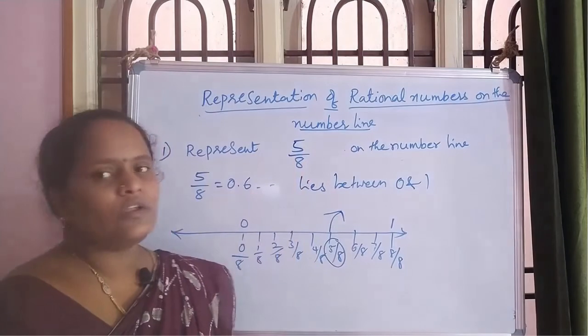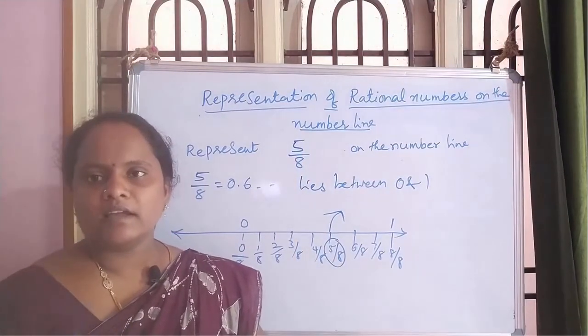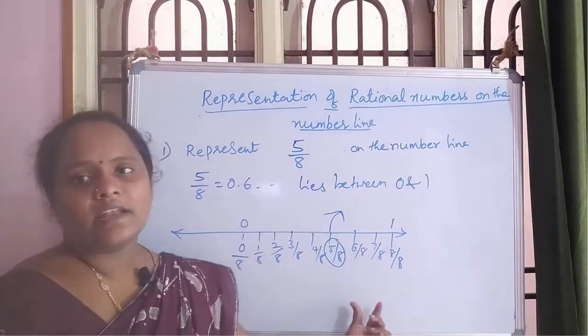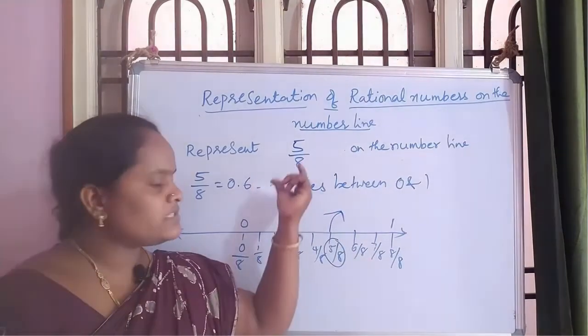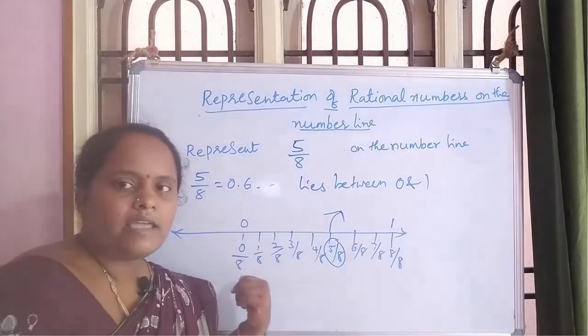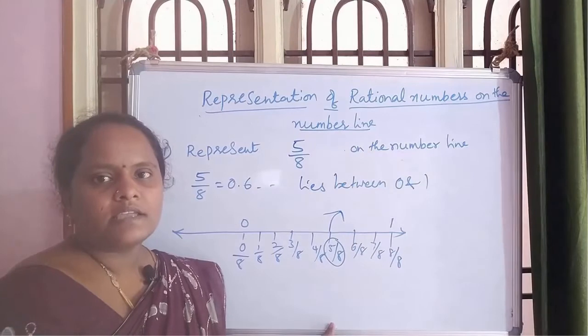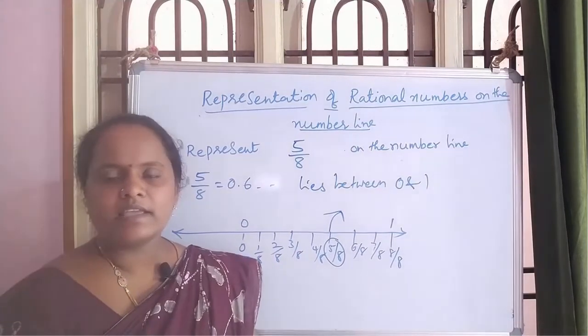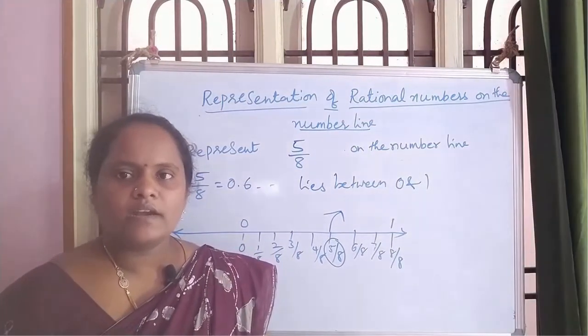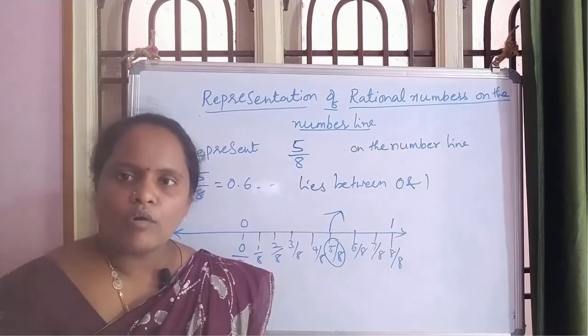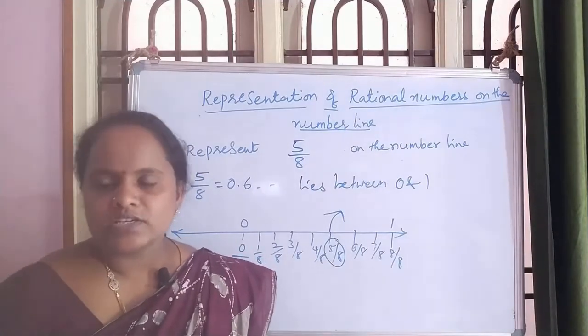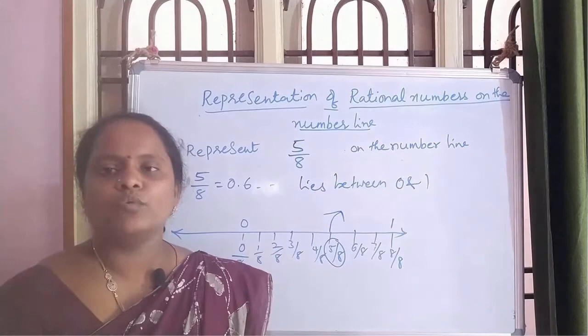If I increase the denominator, instead of 8, if I take 100, I will get 99 rational numbers. If I take 1000, I will get 999 rational numbers in between 0 and 1. So if I increase the denominator more, I get more and more rational numbers in between any two integers.